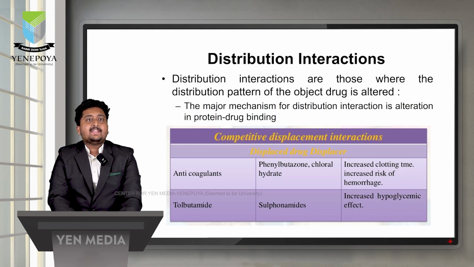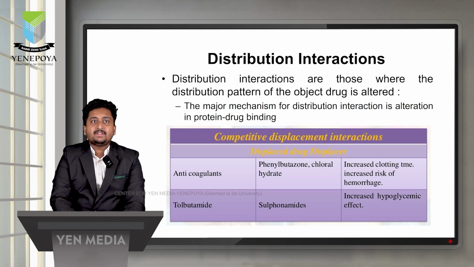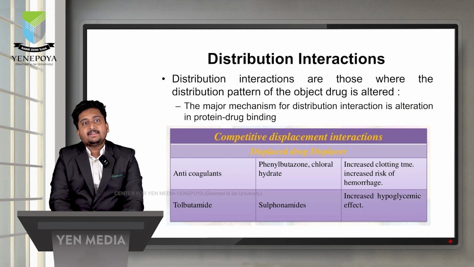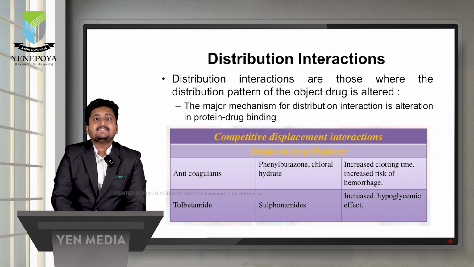For example, we have anticoagulants with phenylbutazone or chloral hydrate. There is increased clotting time or increased risk of hemorrhage. We know that if the effect of anticoagulants is enhanced, they might cause bleeding. The other example is sulfonylurea drugs, which is tolbutamide, with sulfonamides.